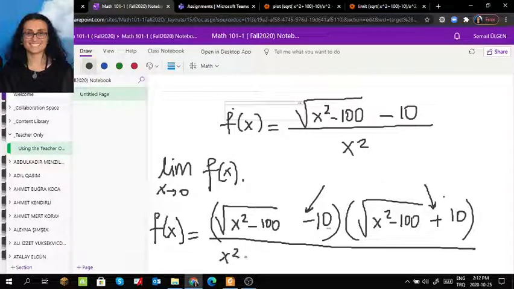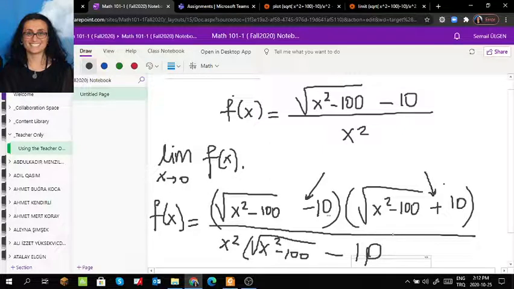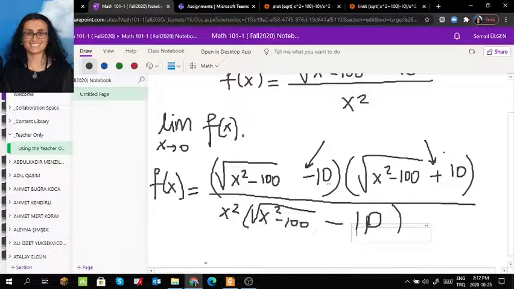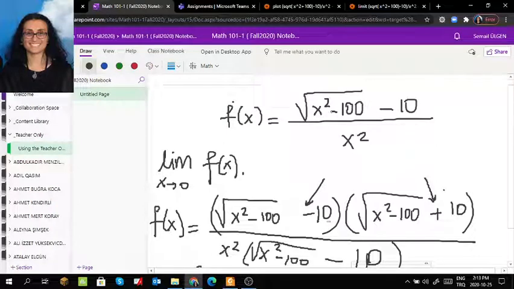Okay, so I have x squared here, and then the square root of x squared plus 100, plus 10 and close it. Then let's multiply this out, you get x squared plus 100. Sorry, it's plus, not minus, otherwise it doesn't make sense.